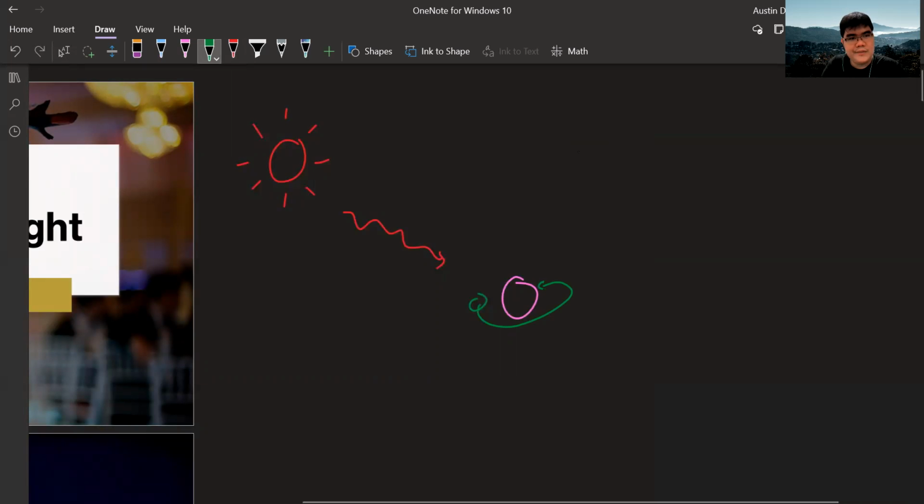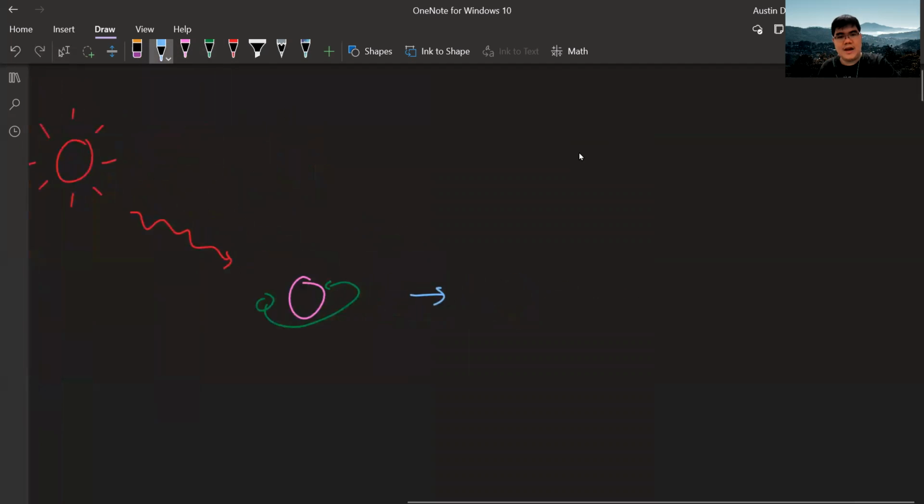Pag inabsorb ng molecule yung energy coming from the light source, yung nangyayari is that nagbabago yung orbit ng electron mo.